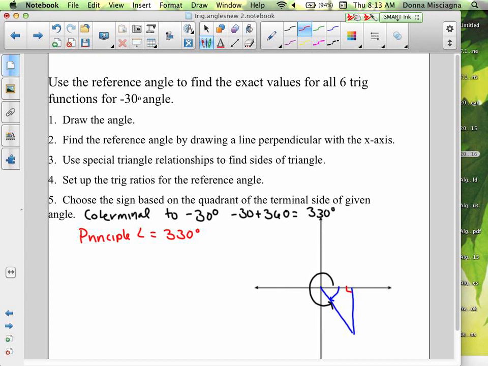So if we're in the fourth quadrant, to get the reference angle, 330 minus -30? Or no, plus? No. Remember we had the three rules. We had one rule for the first quadrant, one rule for the second, and one rule for the third and the fourth.